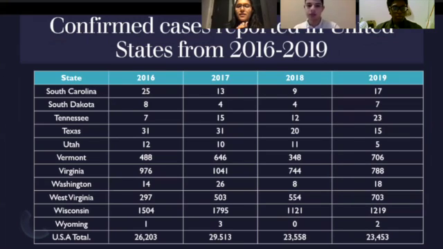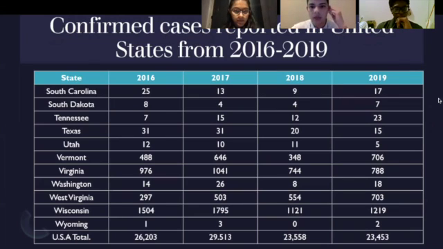Okay, so now we are discussing the confirmed cases, continuation. To finalize the chart and the table, we see that Vermont and Virginia, also northern states, have the highest confirmed cases from 2016 to 2019.